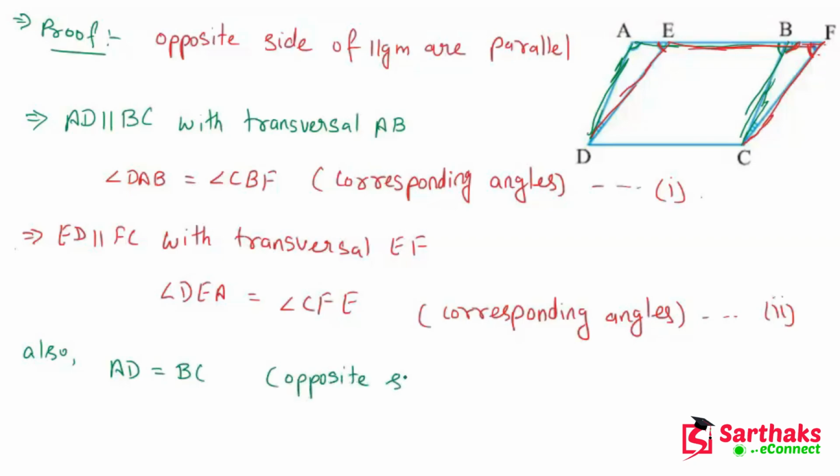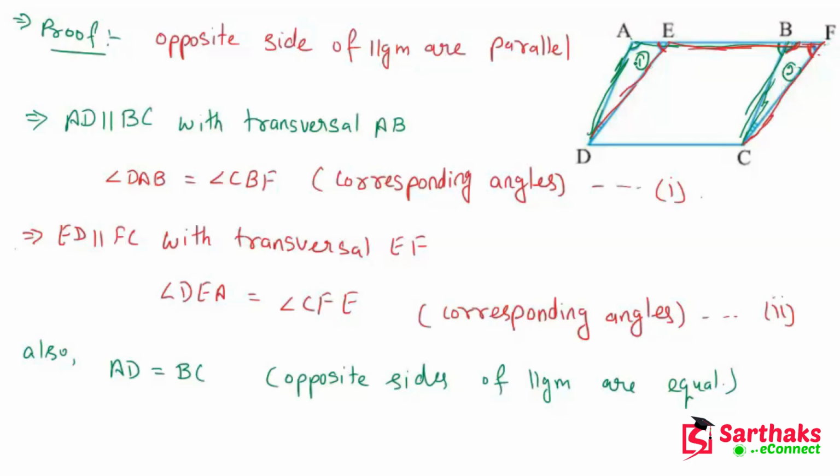Opposite sides of a parallelogram are equal. Now my dear friends, in triangle AED, means triangle 1, and in triangle BFC, means this triangle.